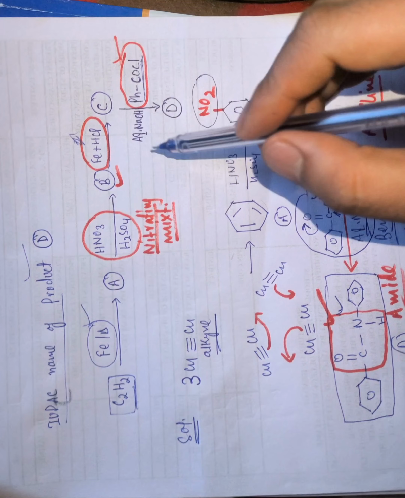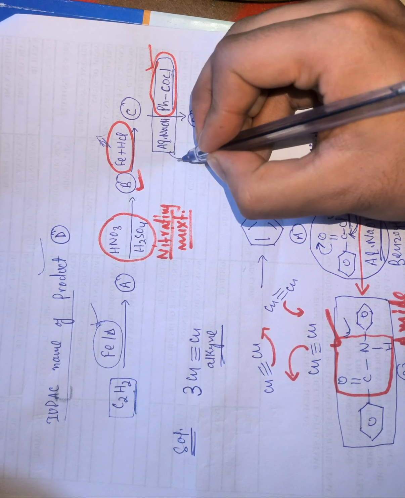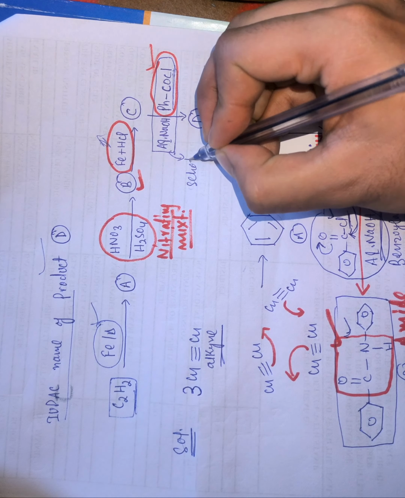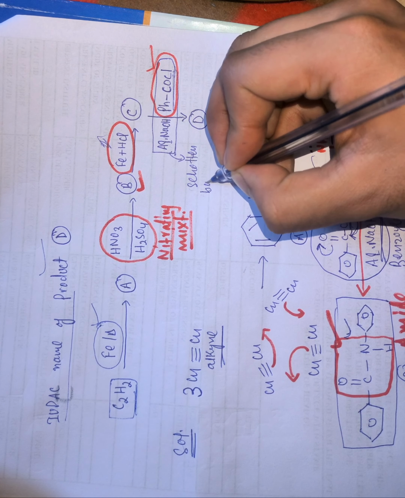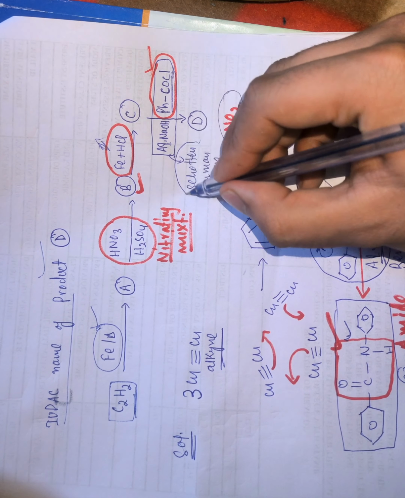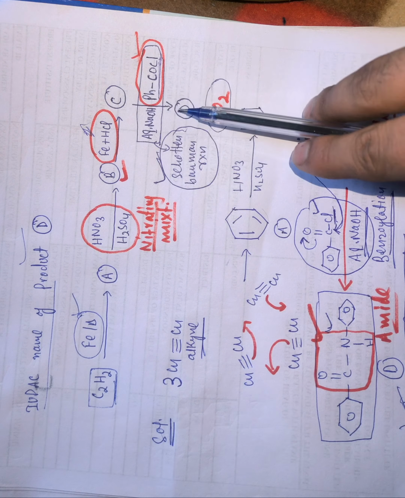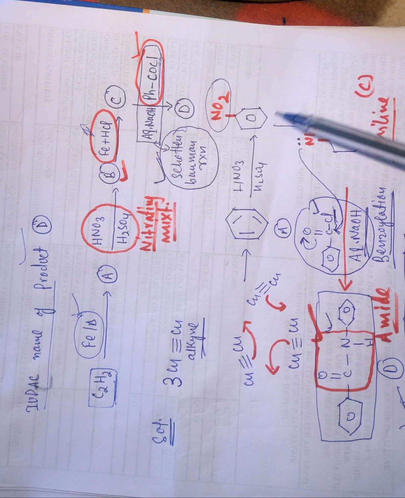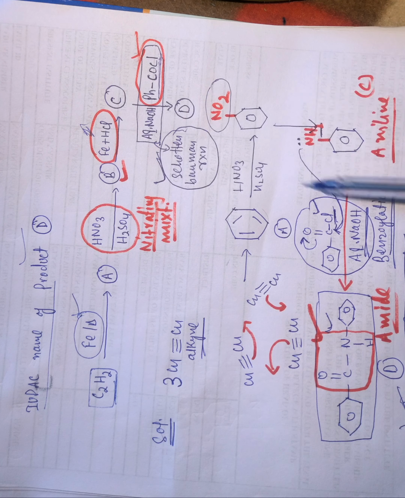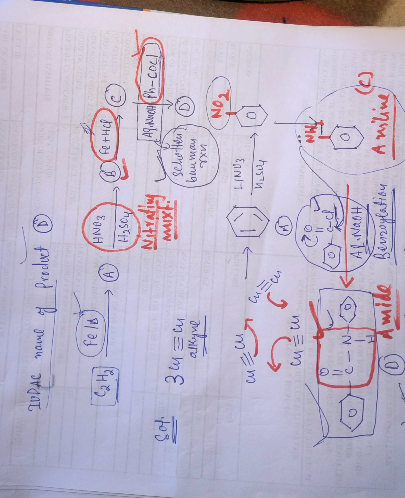Now another important point is that this reaction is also known as Schotten-Baumann reaction. A similar reaction is performed with phenol. It's very important. However, this reaction also takes place with amines or aniline, and amides are formed as product. Thank you.